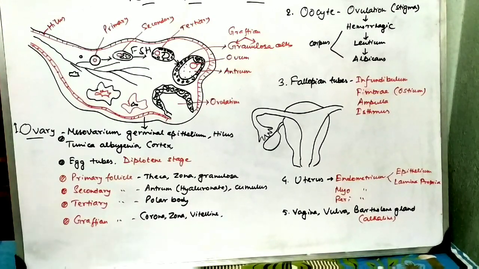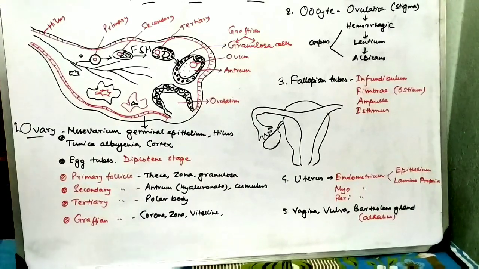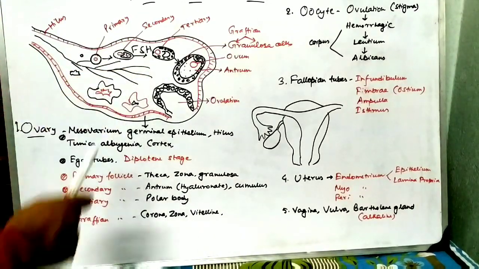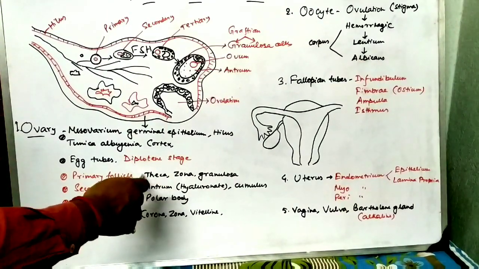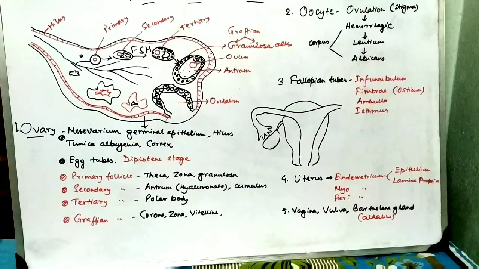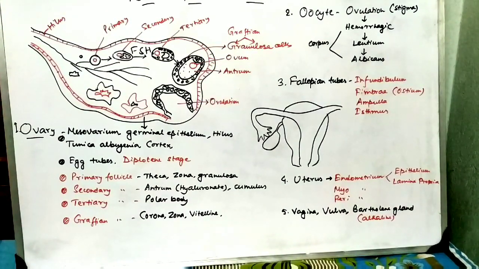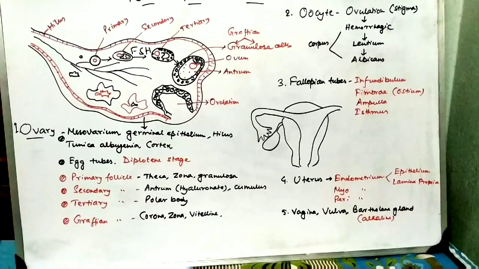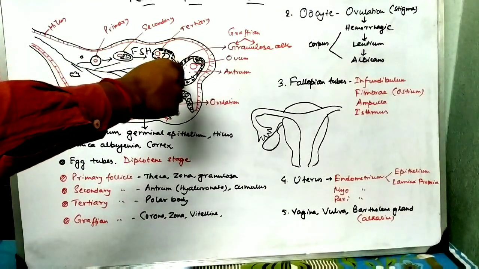Now the graafian follicle is formed with the help of FSH, and this FSH will stimulate the theca cells to produce the hormone estrogen, and estrogen will further help to mature the tertiary follicle into the graafian follicle.